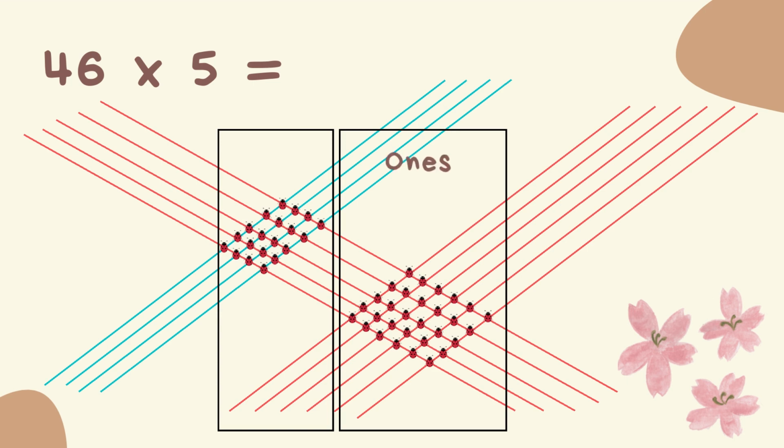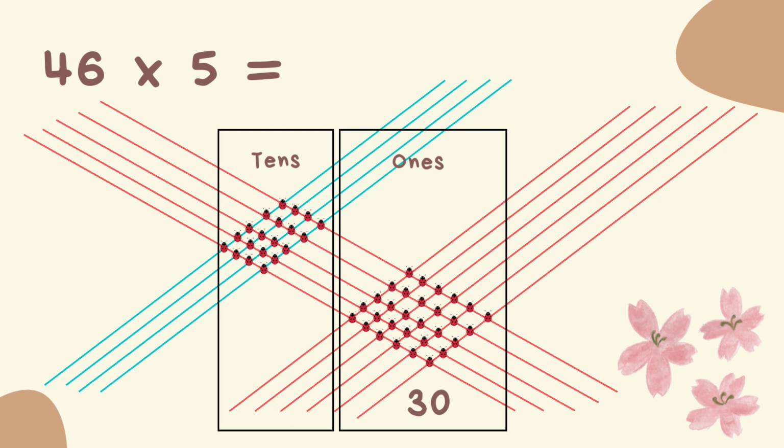The rectangular box on our right, where the coral red lines cross each other, these are our ones in the answer. Let's look at the rectangular box on our left, where the coral lines cross the aqua blue lines. These will be your tens in the answer.